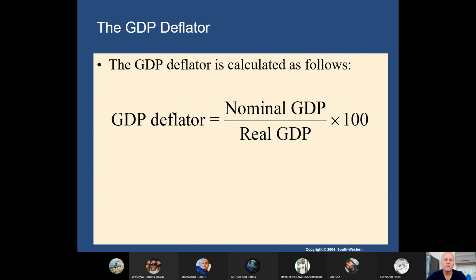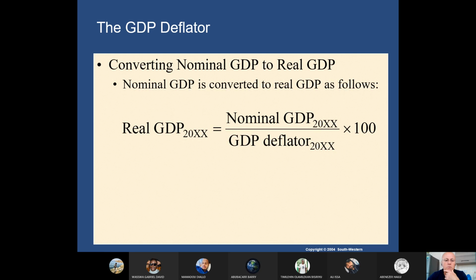And if you divide by something in the numerator, then you will cancel it and transfer it to the other side either. Therefore, this will give you the real GDP, which is the real contribution to the economy.